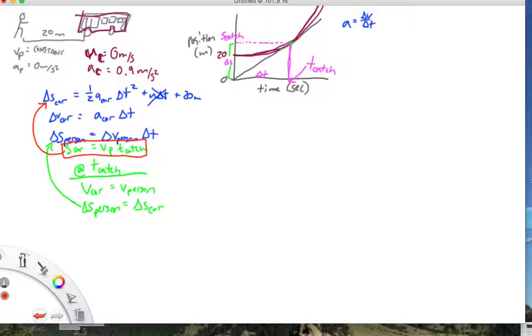And this is going to be at time catch, so I'm going to replace this delta t with just time catch. So now I'm going to rewrite this equation as this. The velocity of the person, oops, excuse me, that shouldn't have been equals. It should be time catch times time catch.